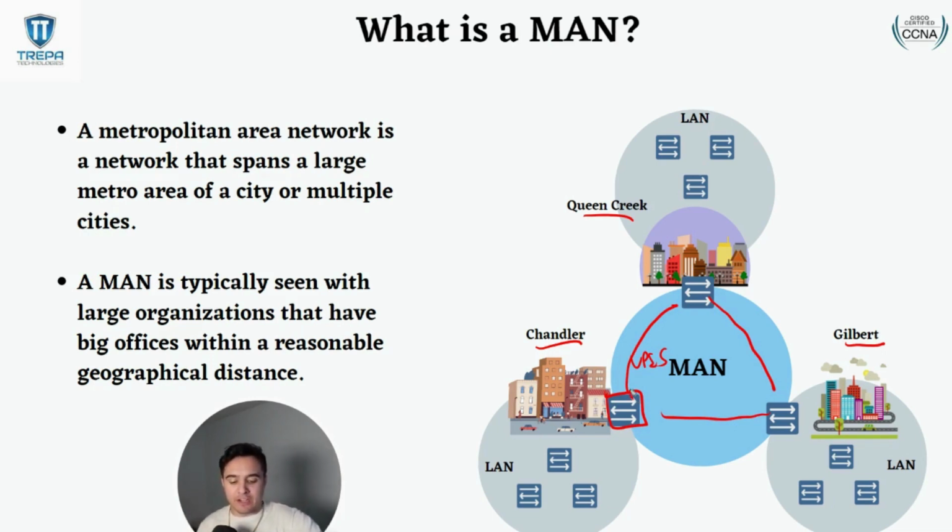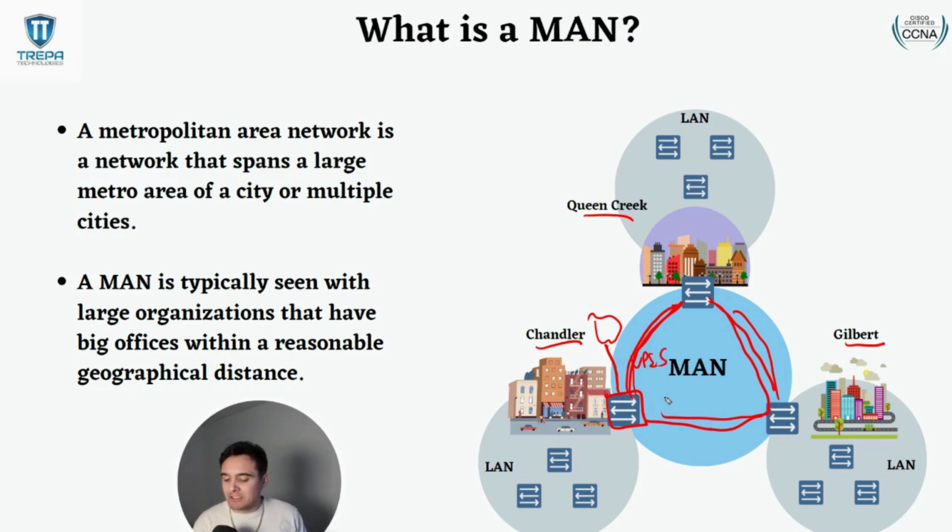Maybe we just have fiber connections between multi-layer switch to multi-layer switch. And then we maybe have a connection out to the internet here, or maybe we tunnel. Either way, we have what seems like directly connected networks here that are connecting our LANs without making an actual WAN connection, right?